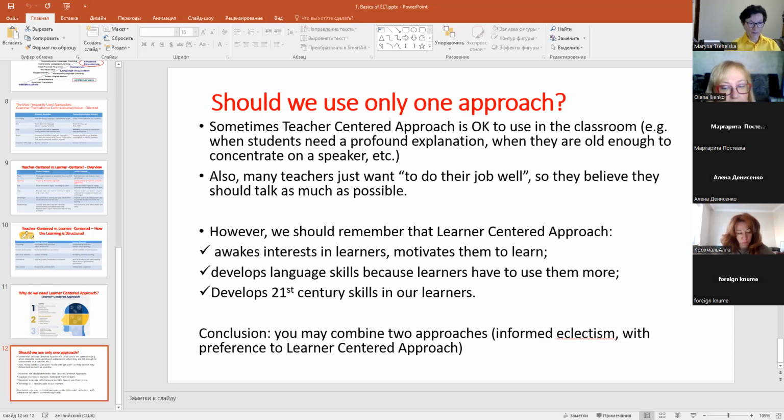And so now I will talk about what I am doing as a teacher and what I believe is really important when you have today's modern learners.